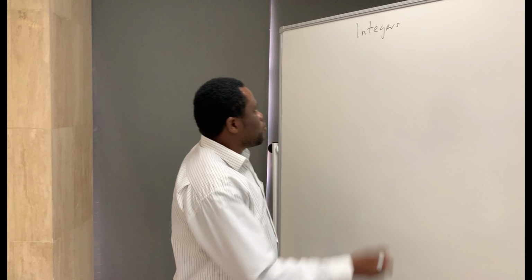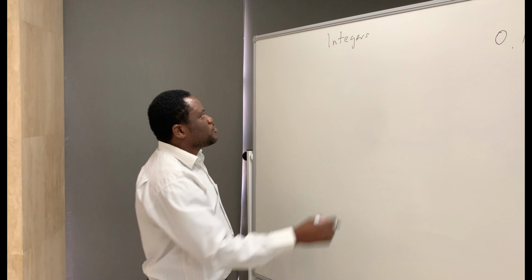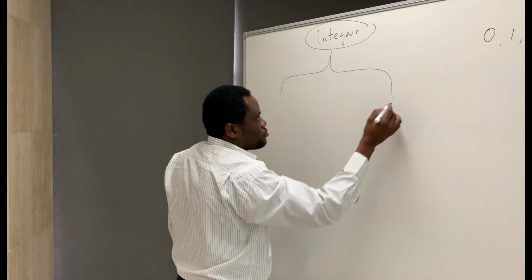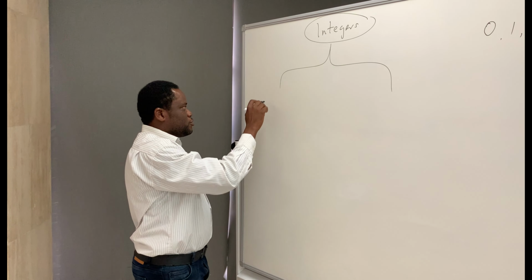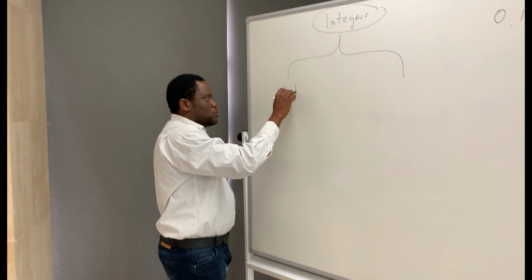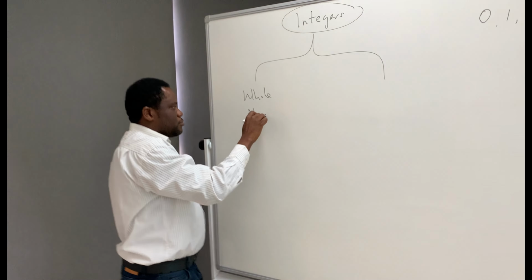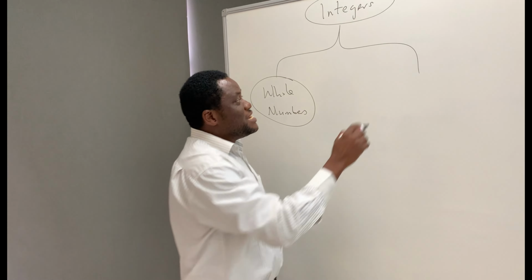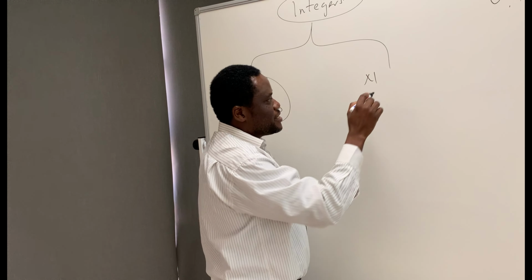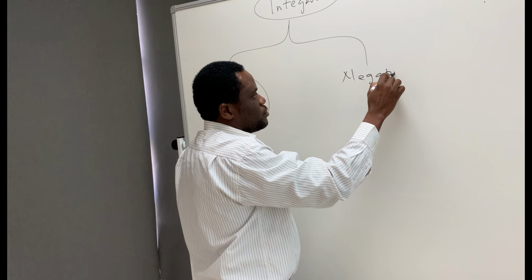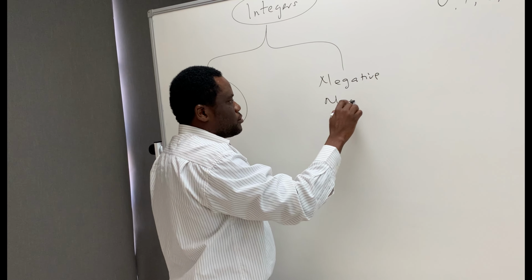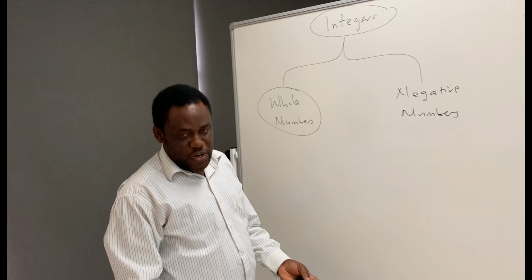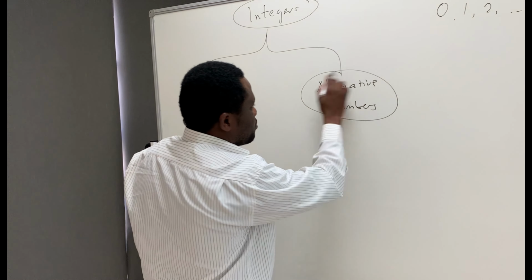What am I saying? Under the integers, we have two parts. The first part is what we know before, which is whole numbers. And the second part is negative numbers, the opposite of natural numbers.